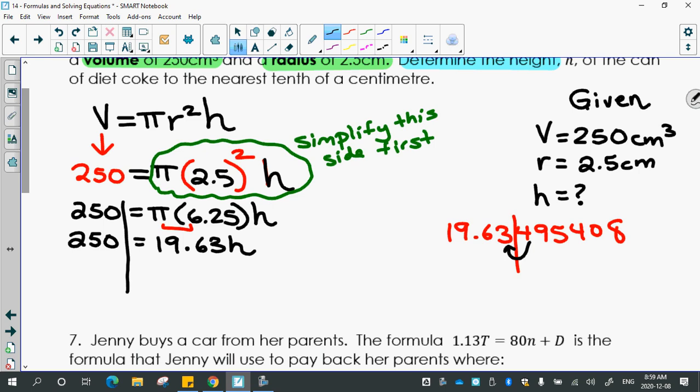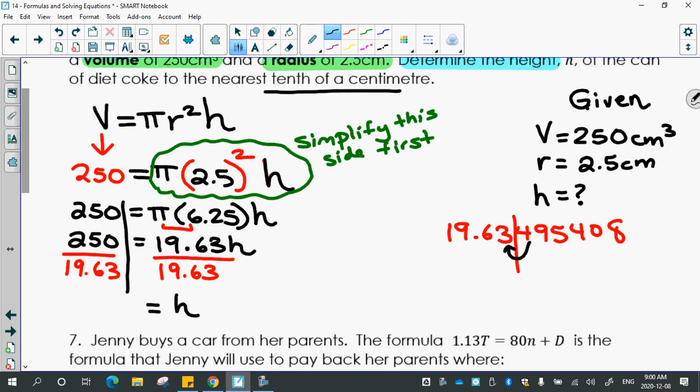So now that I've multiplied those two together, it becomes a fairly straightforward question. To get H by itself, it's being multiplied by 19.63. So my inverse operation is going to be to divide by 19.63, but you have to do it on both sides. So we end up getting that the height is approximately 12.7 because it says to the nearest tenth.